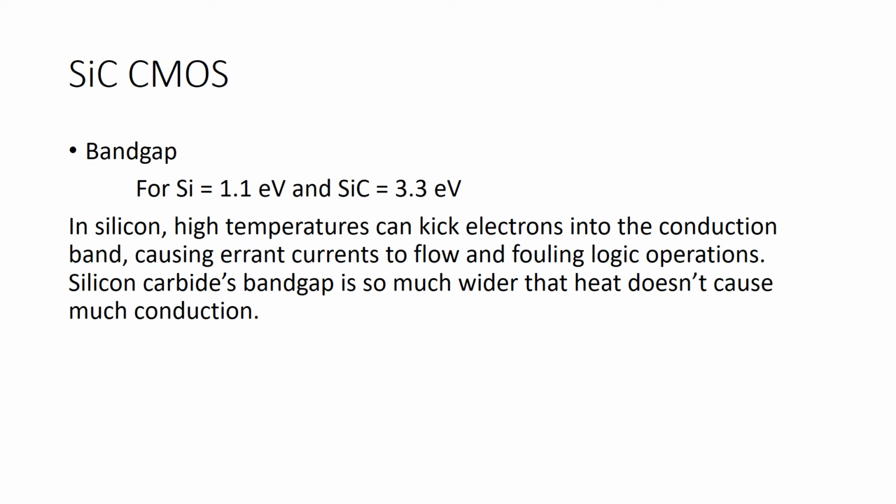In silicon, high temperatures can kick electrons into the conduction band, causing fault current to flow and fooling our logic operations, all due to heat. But in silicon carbide, the band gap is 3.3 electron volts, which is much wider, and that heat doesn't cause much conduction.